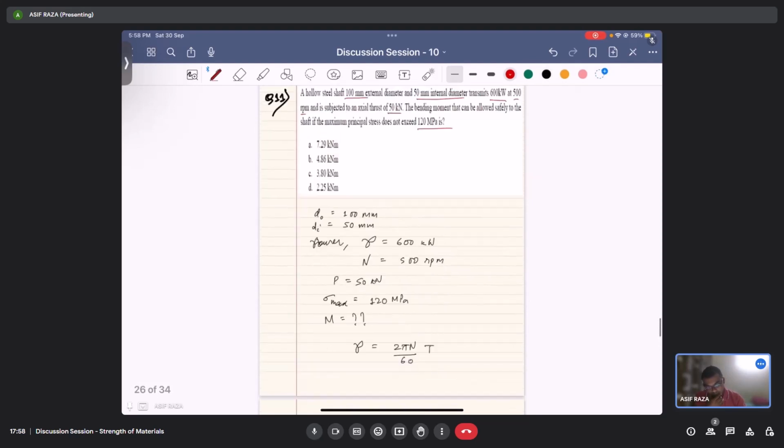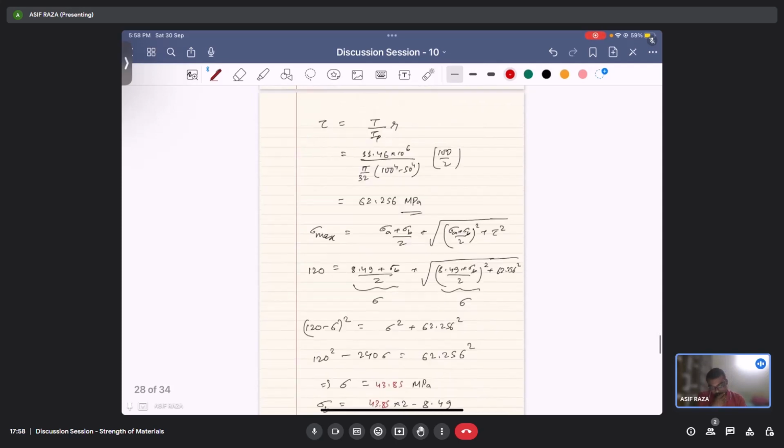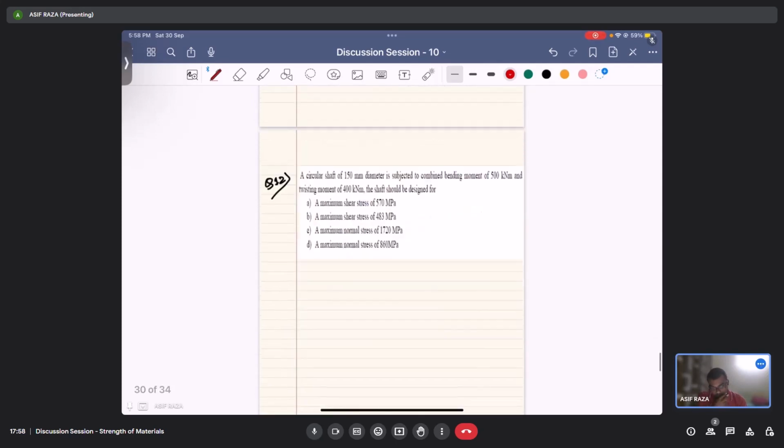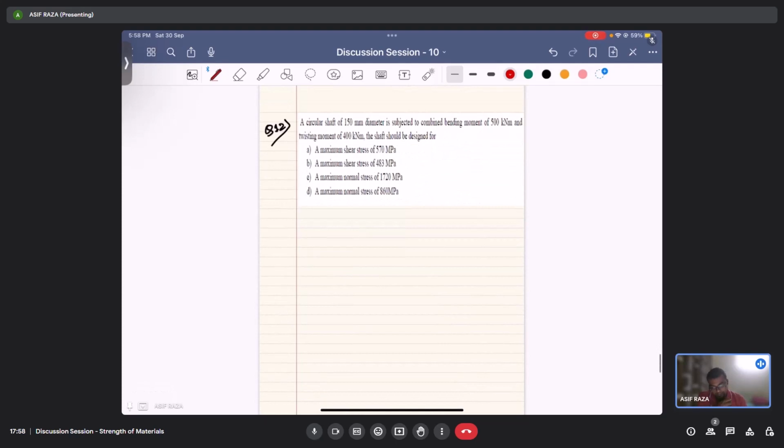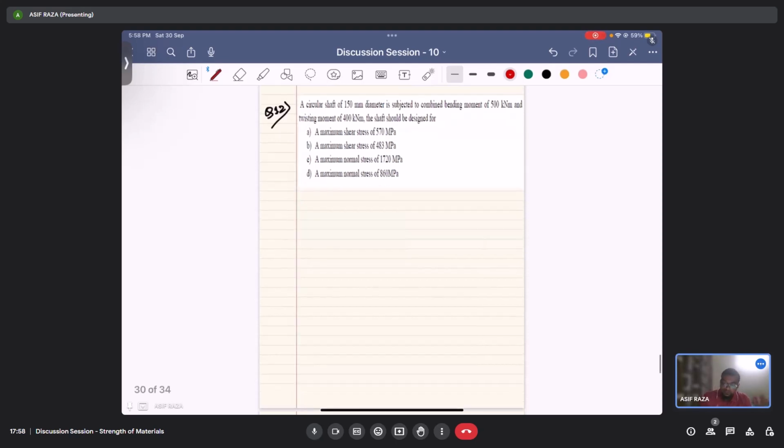We can see option A matches well to this. Moving on to the next question now. This question I would leave for the audience to solve. This would be a pretty good exercise. In this question, the diameter is provided, and the bending moment and the twisting moment are provided.